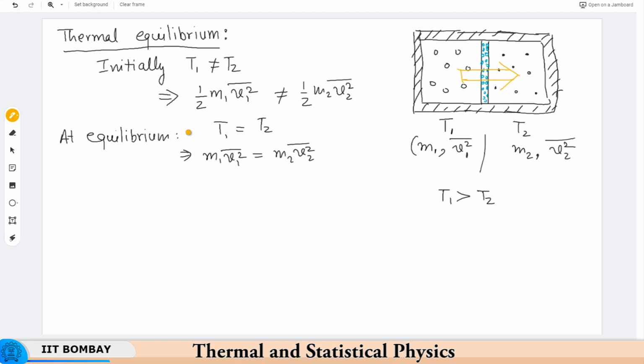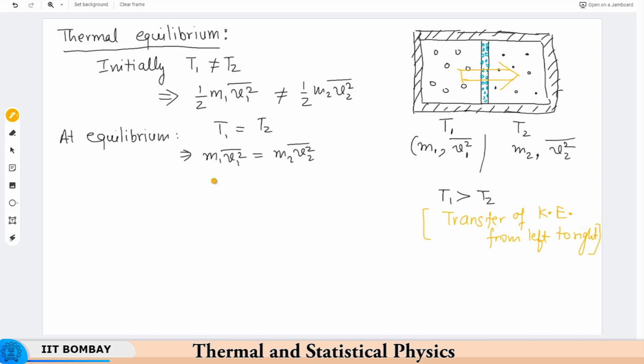So, therefore, there is a transfer of kinetic energy from left to right. And that is all we mean by the term thermal equilibrium. So, when there is no net transfer of this energy, then you are at thermal equilibrium, right.